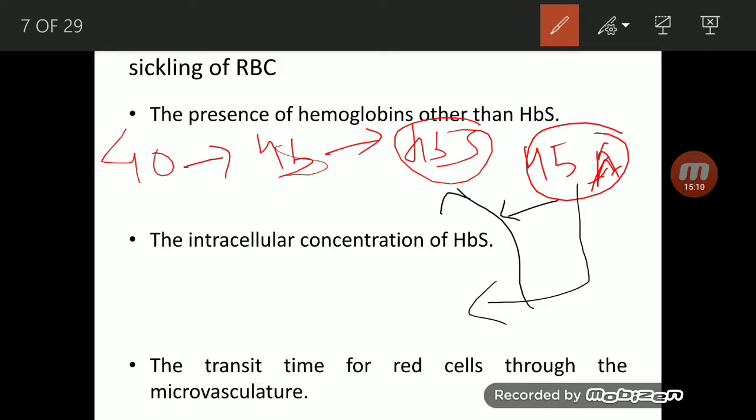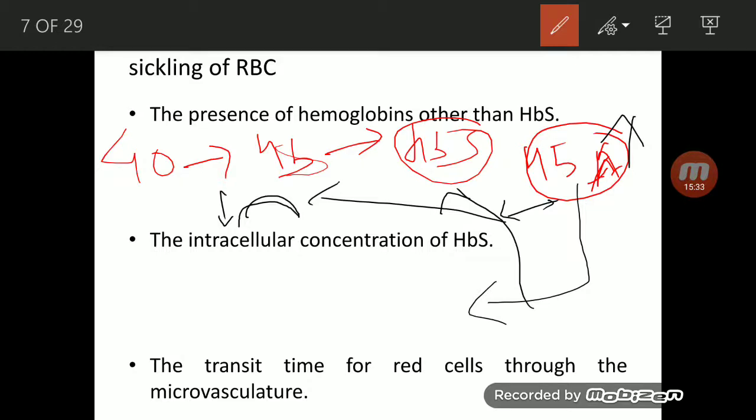Since their interaction with HbS is very weak, there is less tendency for formation of sickle cell anemia if your HbA quantity is in high amount.